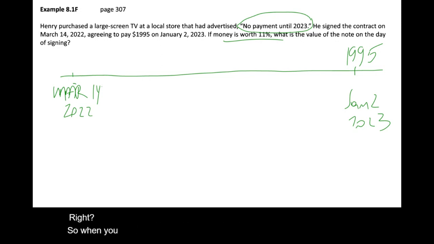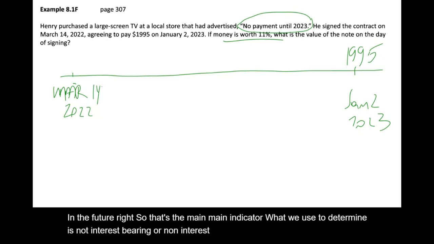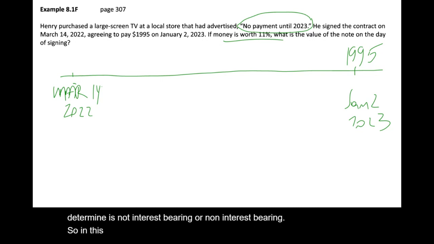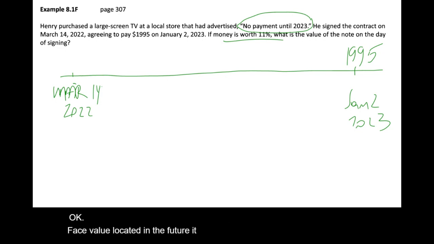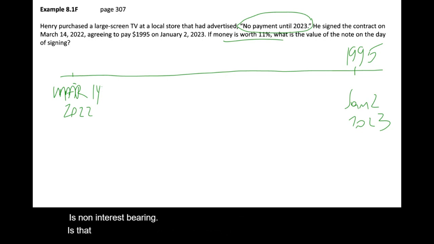So when you pay now or next year? In the future, right? So that's the main indicator we use to determine is note interest bearing or non-interest bearing. So in this case, face value located in the future, it means this note, what Henry promised, is non-interest bearing. Is that clear, guys?